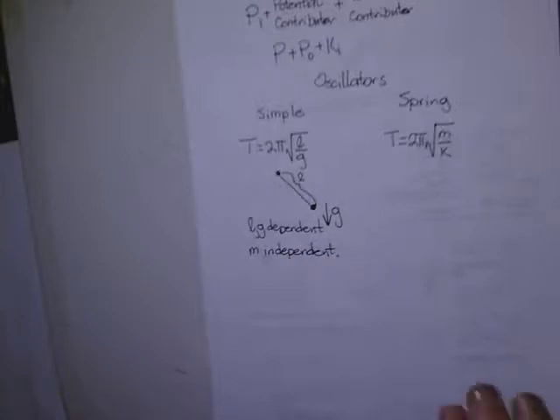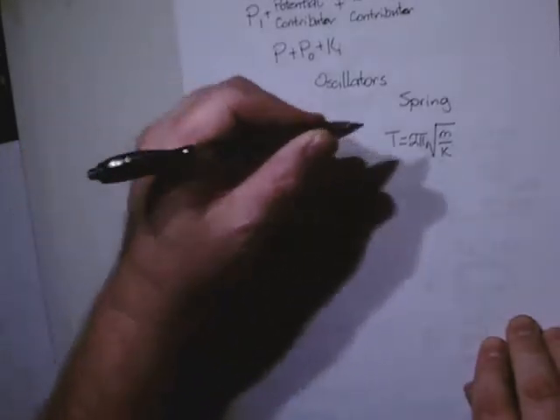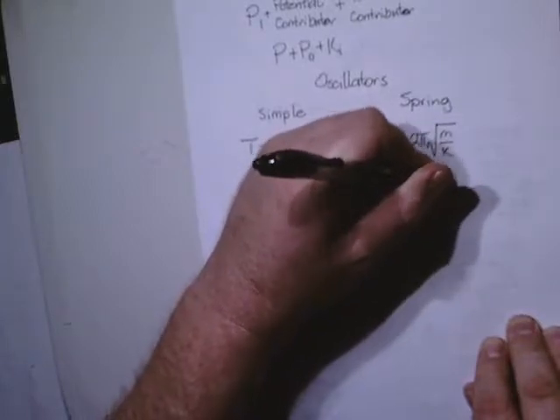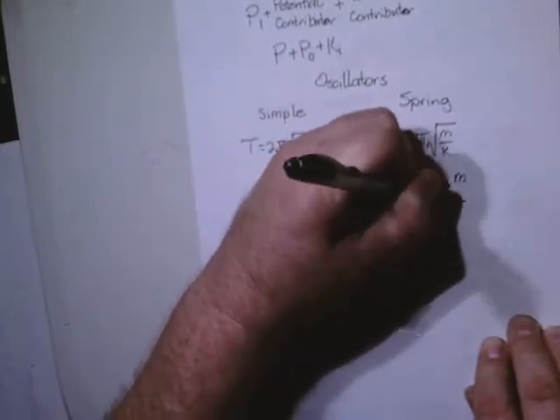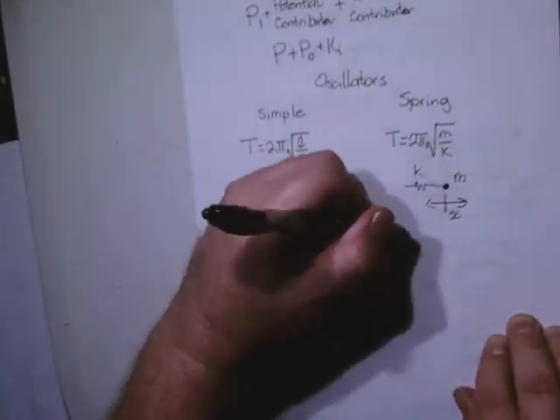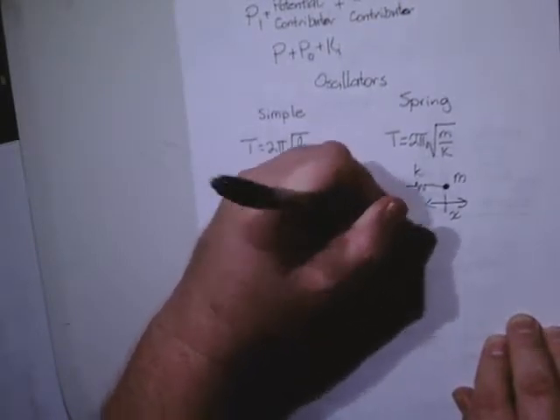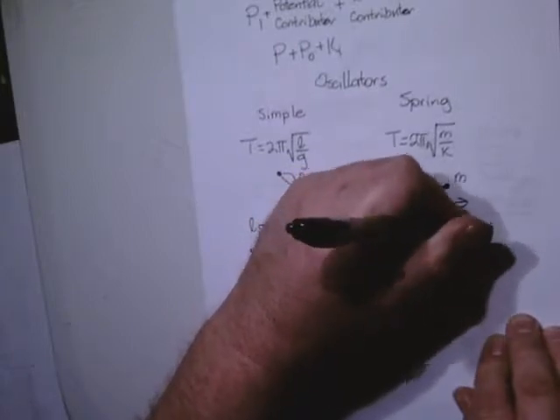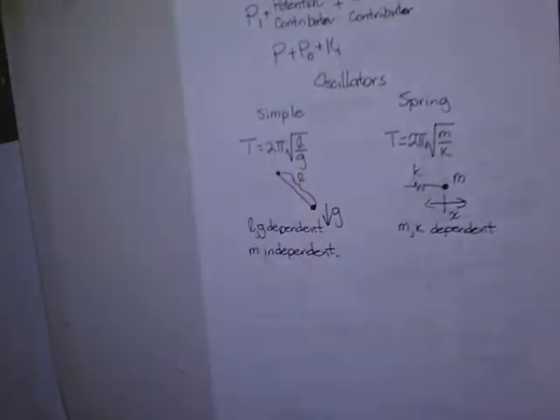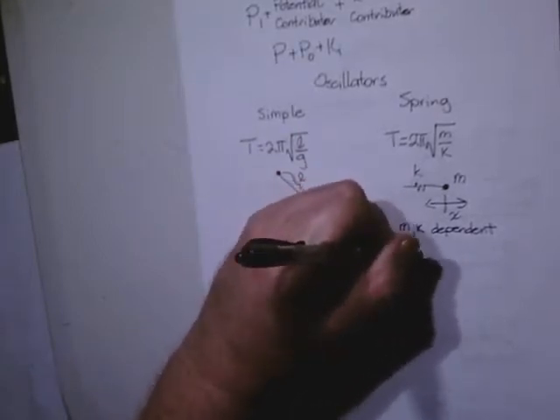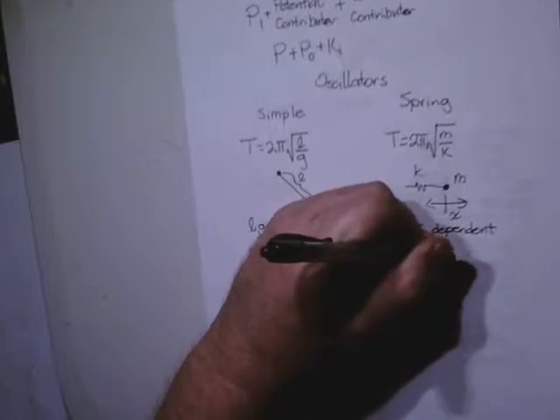For the spring pendulum, what you notice is that it's M and K dependent. You can change the mass and change the period. You can change the K and you can change the period. But it is G and X independent.